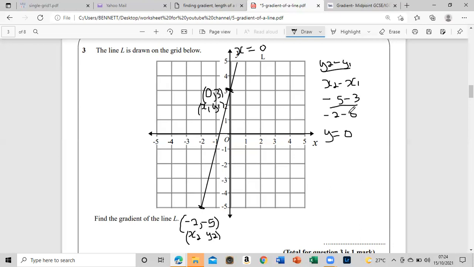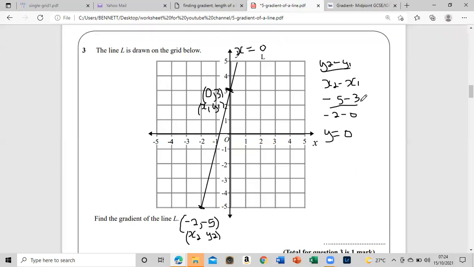So let's compute now. -5 minus 3, that gives us -8. And -2 minus 0 is -2. So our gradient M is equal to 4. The negative cancels the negative. So the gradient is 4.